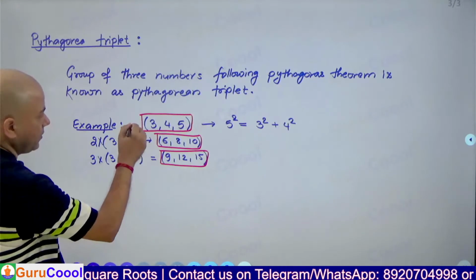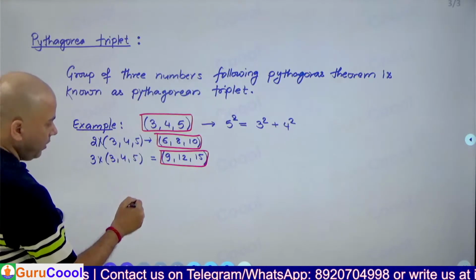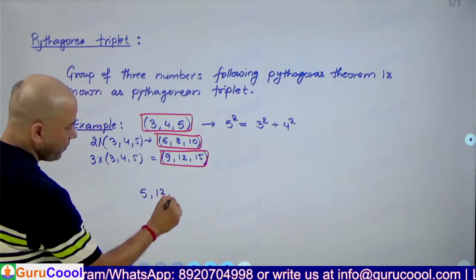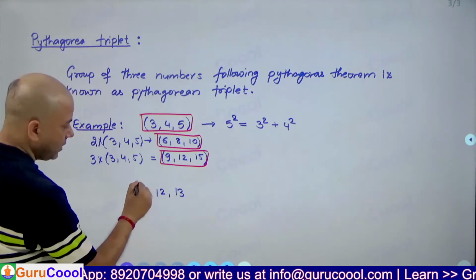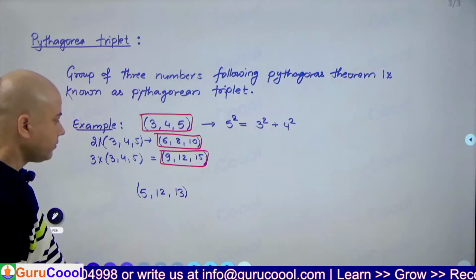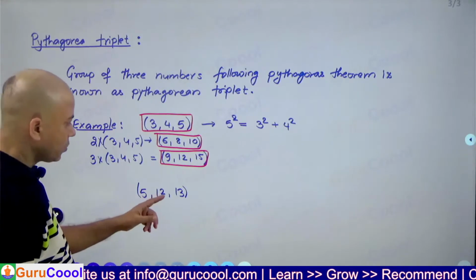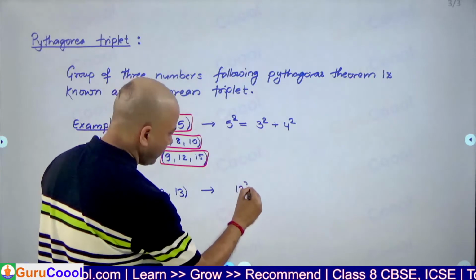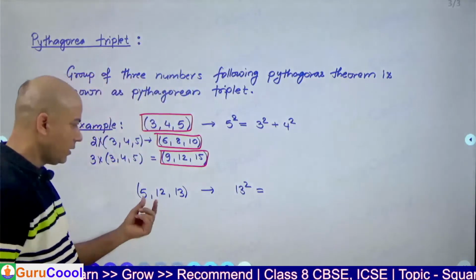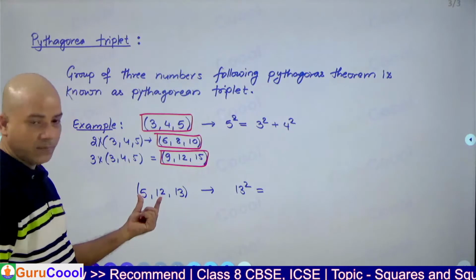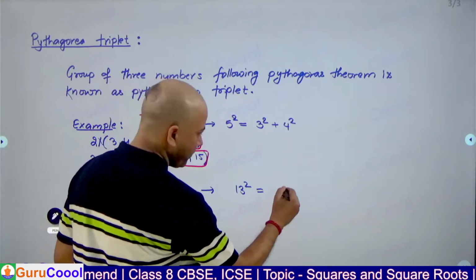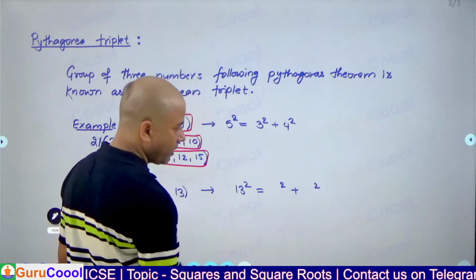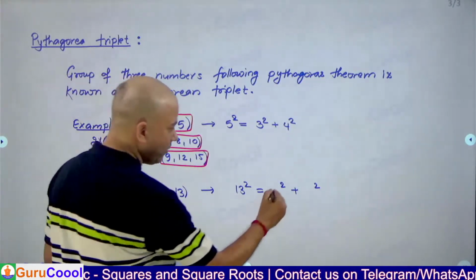This was the first one. Like we can take 5, 12, 13. That is another Pythagorean triplet. The square of the biggest number is equal to the sum of squares of the other two numbers, 5 and 12.